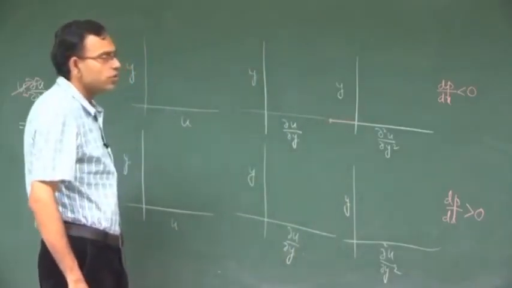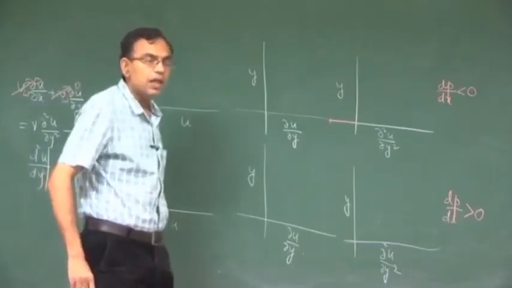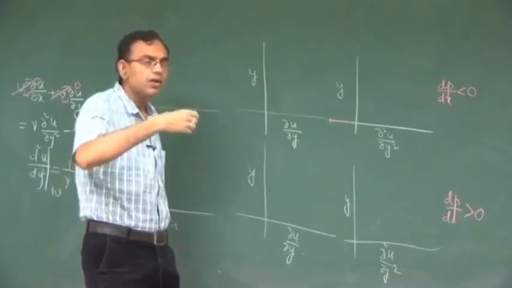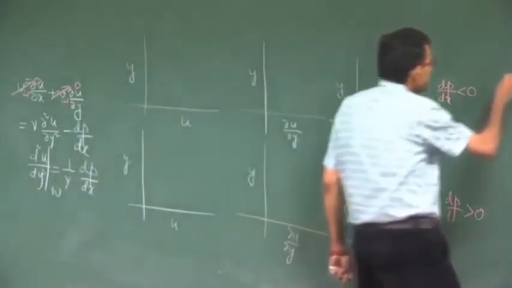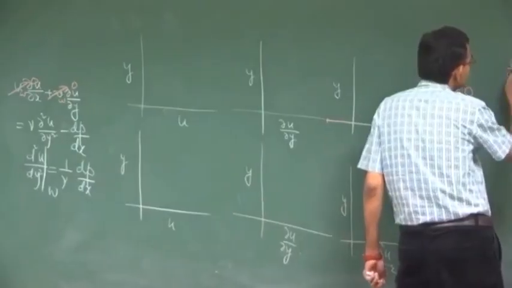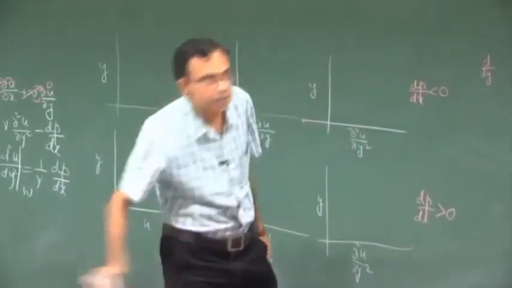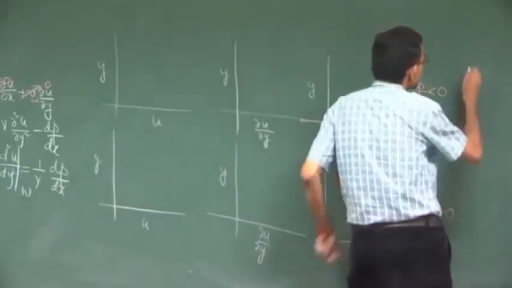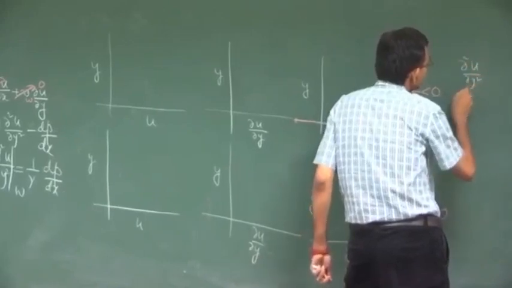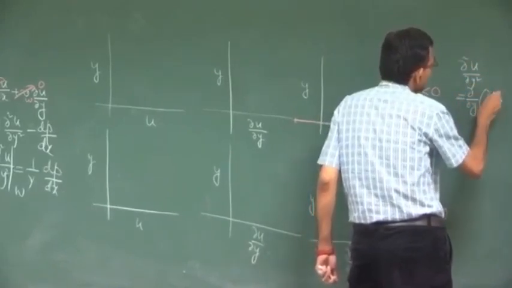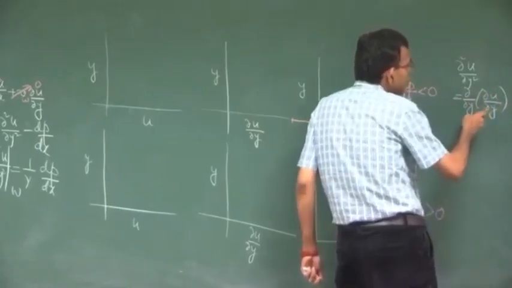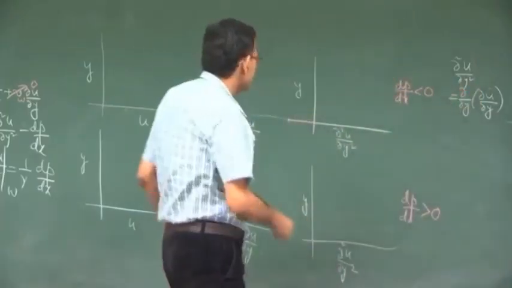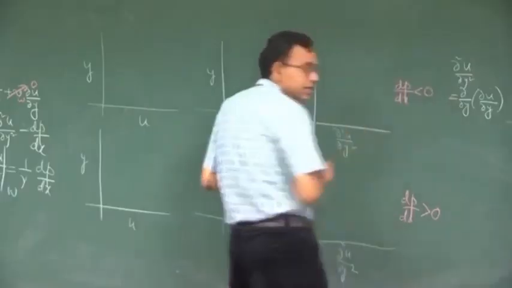What happens to d2u dy2 at far stream? d2u dy2 is d dy of du dy, partial derivative of course, but conceptually it is okay. So, del u del y decreases with increase in y, right, because it has to be 0 at the far stream. So, this is negative in the far stream.